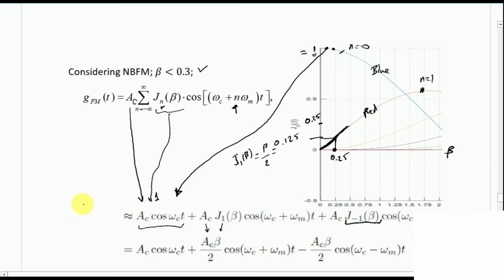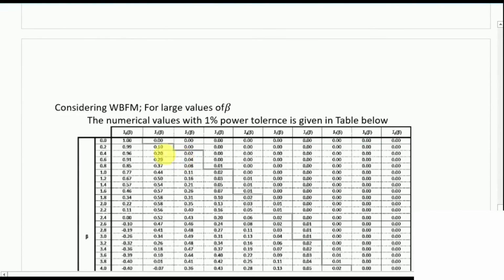So this is actually an exact expression that we previously found in our previous lecture on narrowband FM, but we can also derive this using the Bessel function. Now things become actually quite interesting when we are dealing with wideband FM.